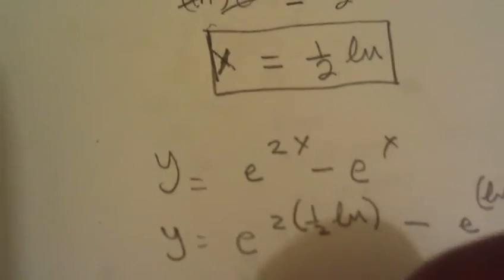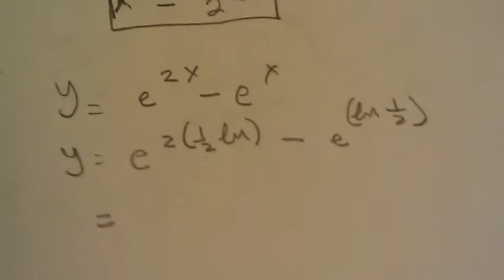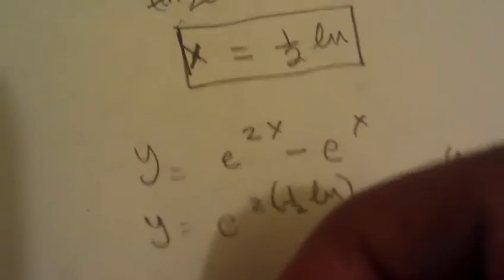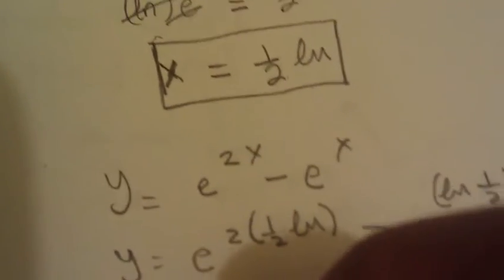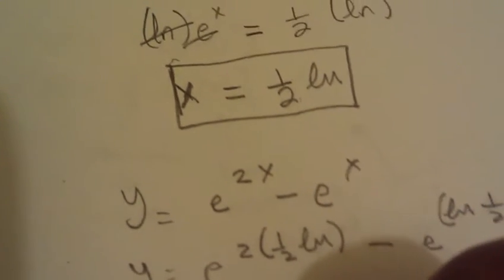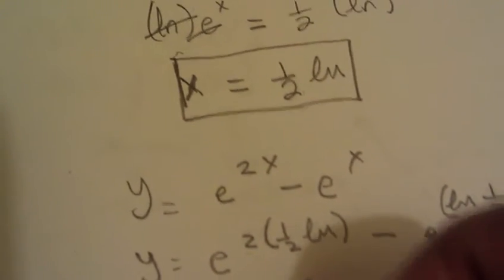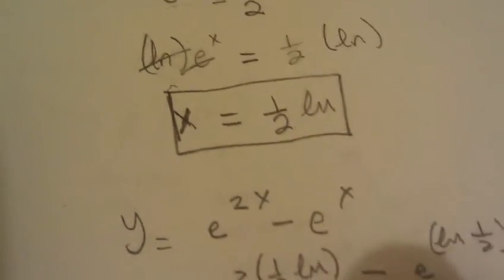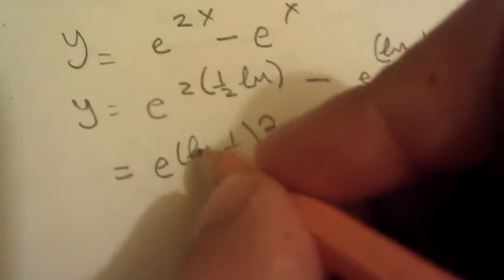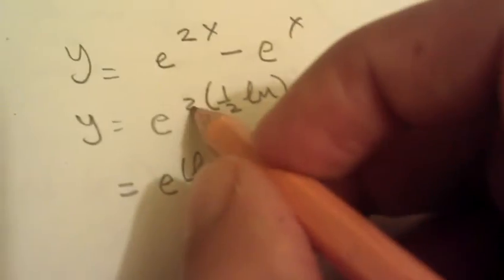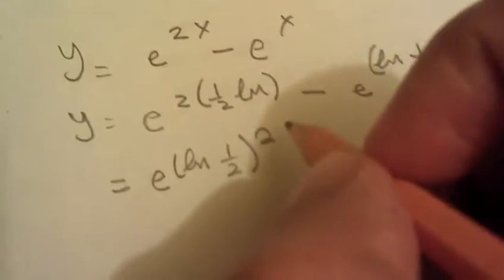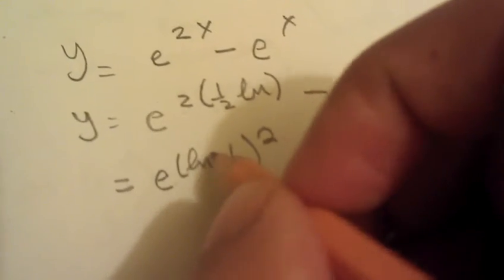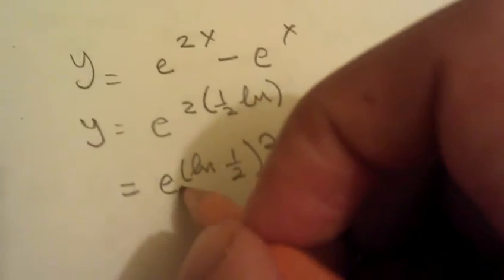So the manipulation of this one goes something like this. What you can actually do is e to the ln times 1/2 and square that. So do you see that? You bring this 2 and square this over here, and now we have e and ln together where we can cancel them out.